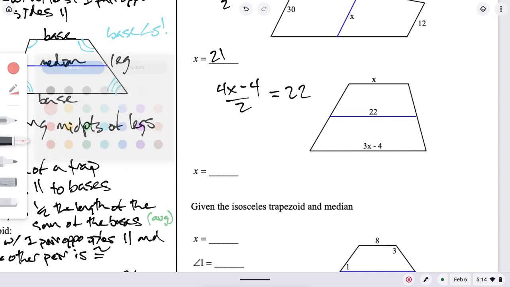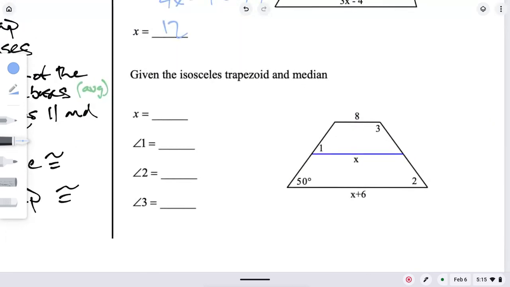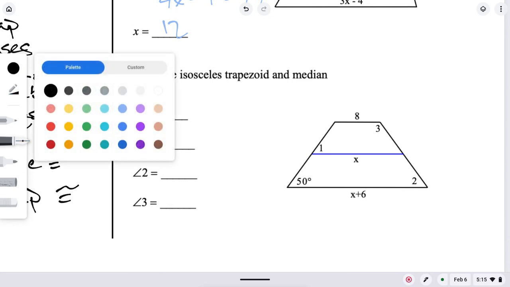I can either say 2x minus 2 equals 22 and solve for x, or I can say that 4x minus 4 and multiply that 2 over equals 44. A lot of times it's actually going to be beneficial for you to just double the median, and that's going to be equal to your two bases combined. Either way, in this case, you're going to get the same answer. X is 12, but do what you got to do.